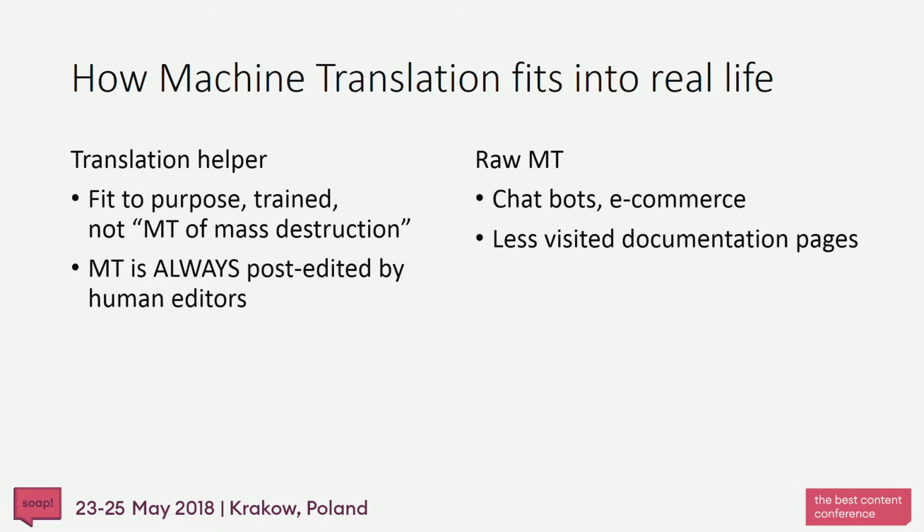Another good example of where MT without any modifications was used is less used documentation pages. Microsoft was a very good example. I'm not sure if they still do that, but if you went to some less visited documentation pages in their knowledge base, you could see a disclaimer somewhere at the top or the bottom that this page was raw MT translated, and there was no human editor touching it.